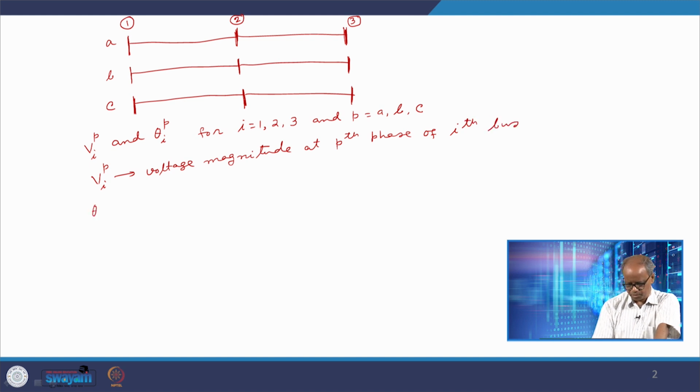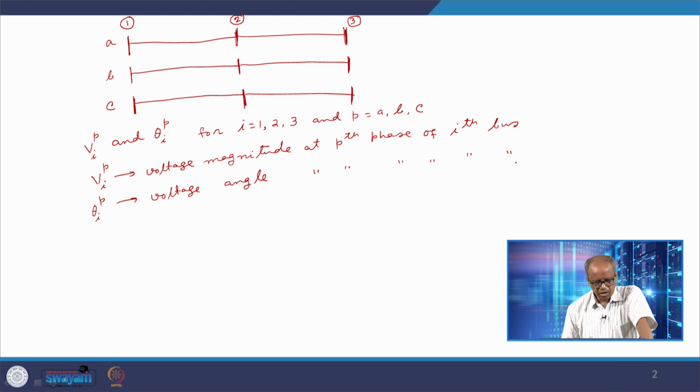And what is theta IP? Theta IP is the voltage angle at pth phase of ith bus, right.